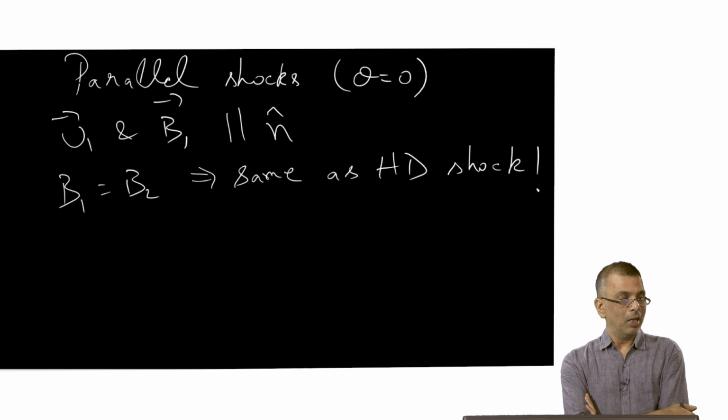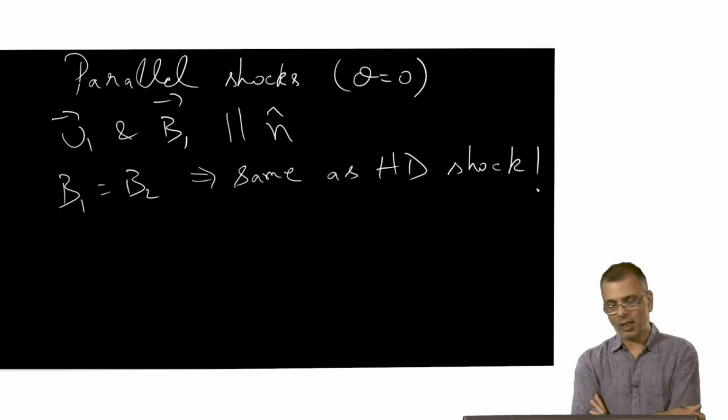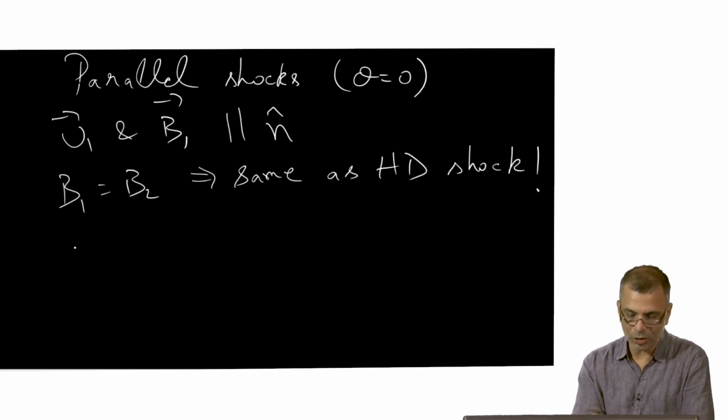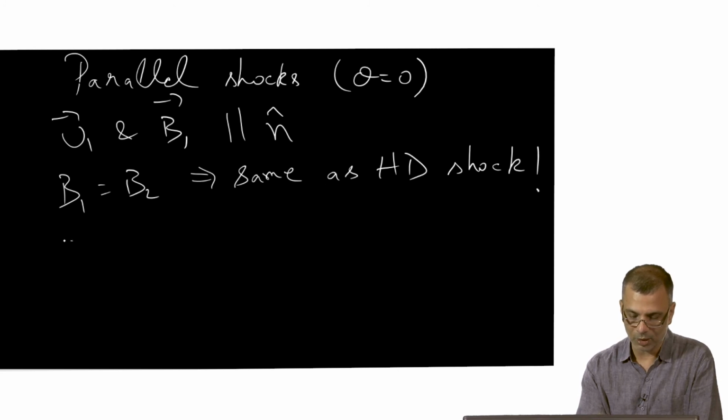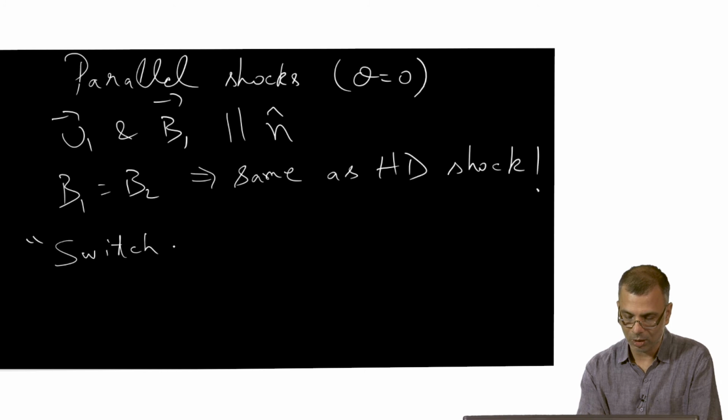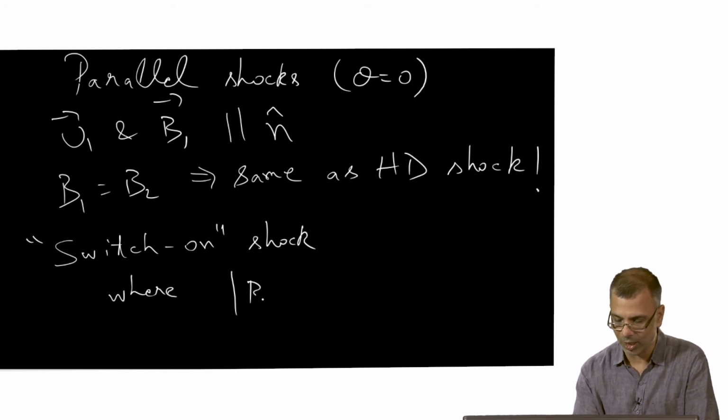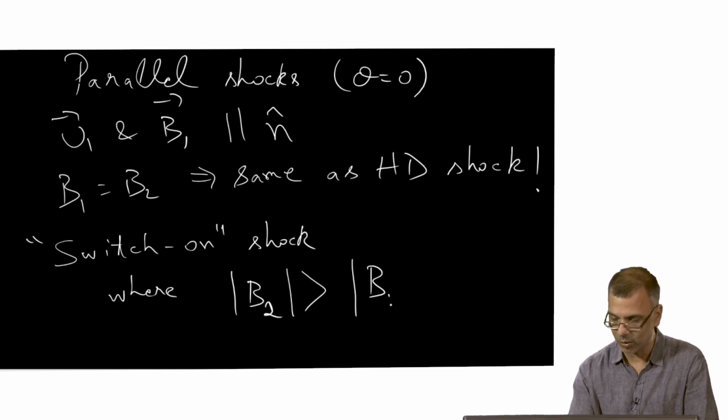The other possibility is a switch-on shock, which we won't bother too much about. In a switch-on shock, the magnitude of B2 can be greater than the magnitude of B1.